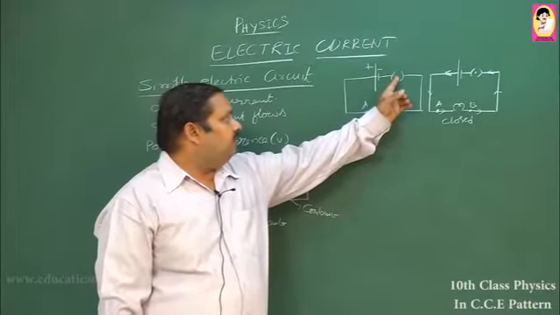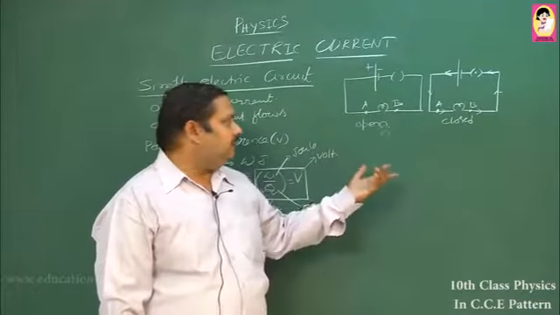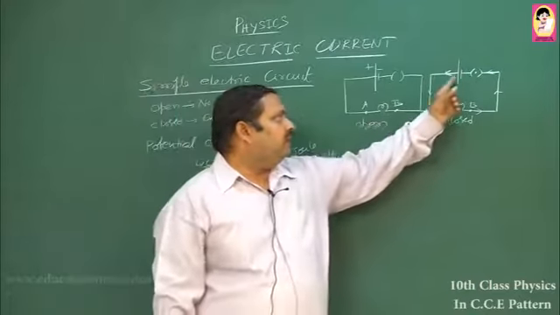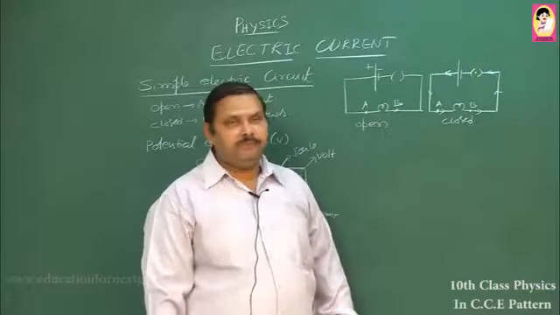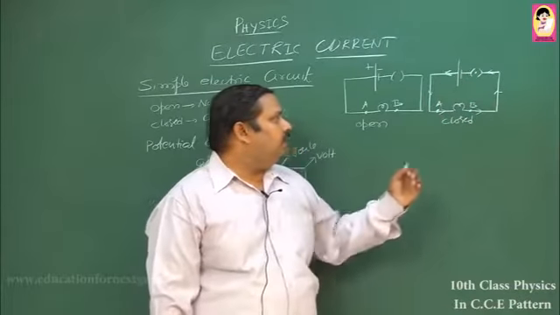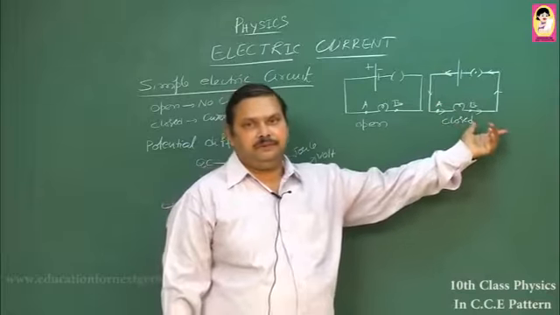When the switch is off, there is no current in the circuit, and that circuit is called as open circuit. When switch is on, current starts to flow from positive terminal to the negative terminal, and in this situation the circuit is called closed circuit.